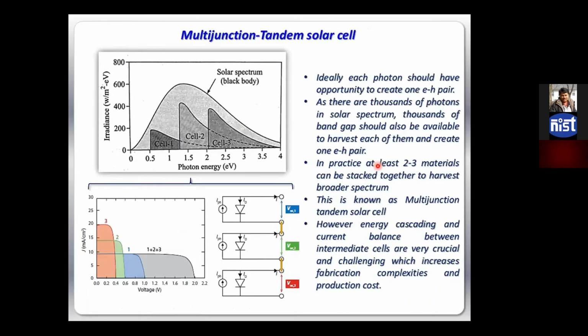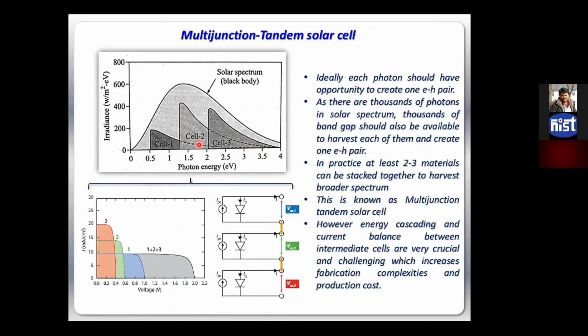So the first idea, the multi-junction tandem solar cell, directly addresses the concept that I have one material with one band gap. Suppose I had this, as I showed, this material as a single junction. This can only absorb or harvest this much.